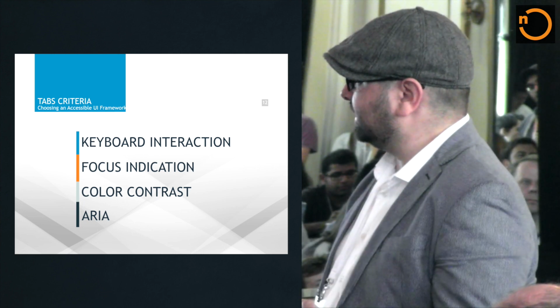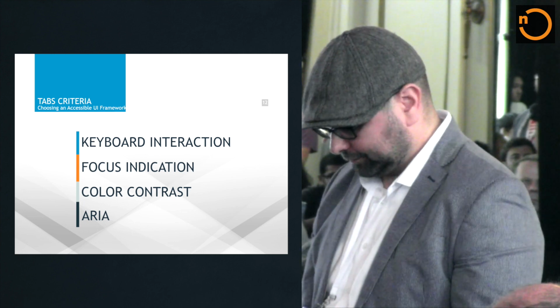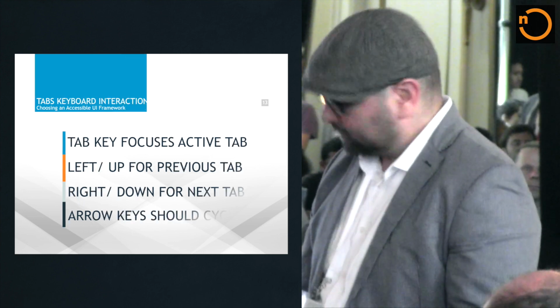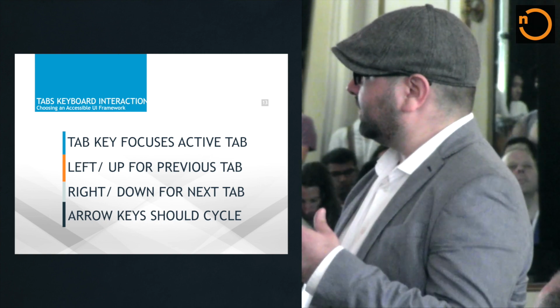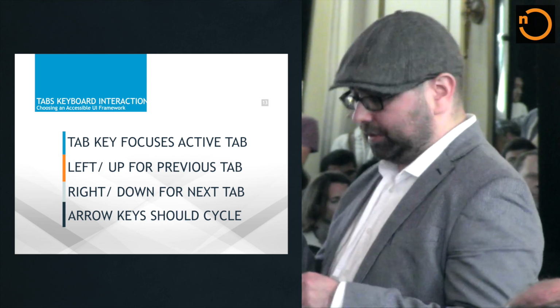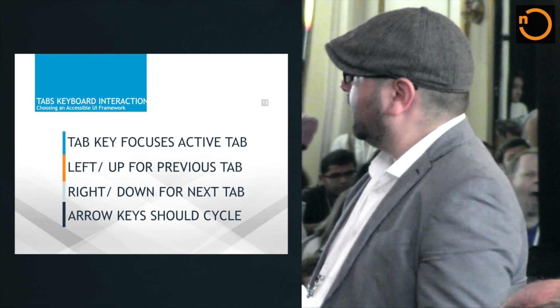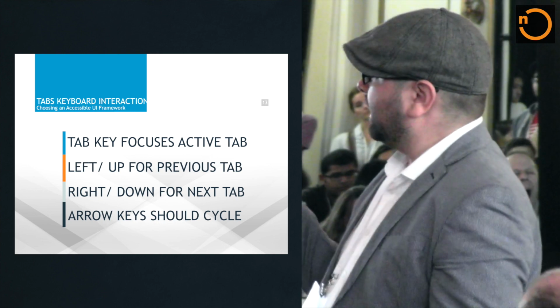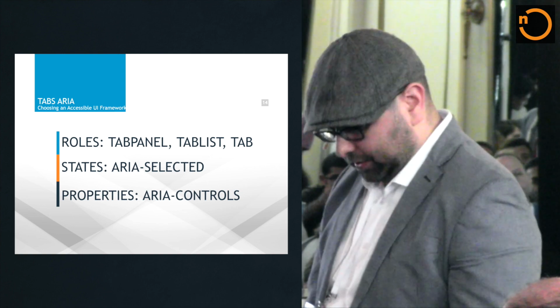We have focus indication, color contrast, and some ARIA roles. Our keyboard interaction rules: Tab would actually focus the active tab. We should be able to use the left and up arrows to navigate, and arrows should cycle. And roles that we're expecting are tabpanel, tablist, tab, and states of aria-selected and aria-controls.